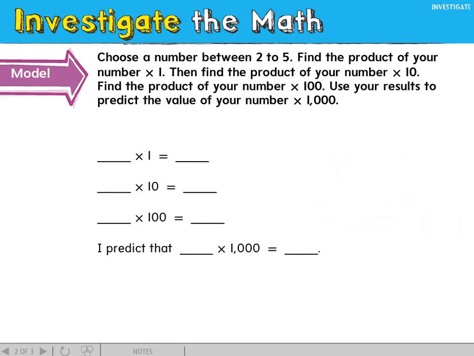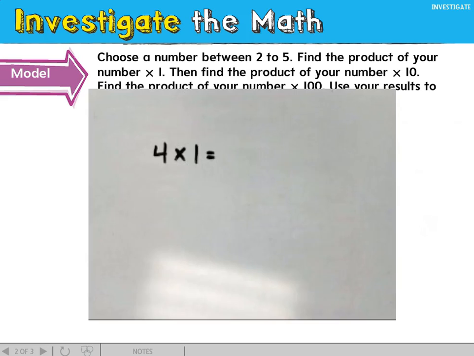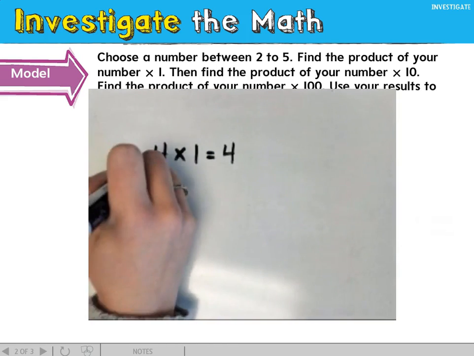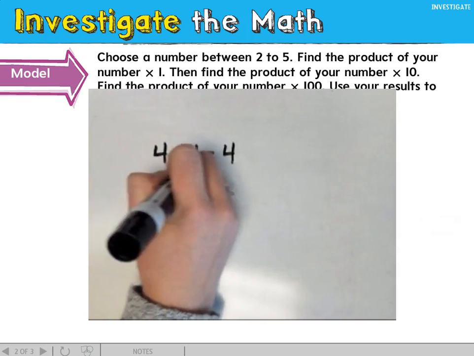When you multiply by multiples of 10, 100, and 1000, you're going to notice a pattern about the products. So let's choose a number between 2 and 5. Let's say 4. Let's find the product of your number and 1. 4 times 1 is 4. Now let's find the product of 4 and 10.